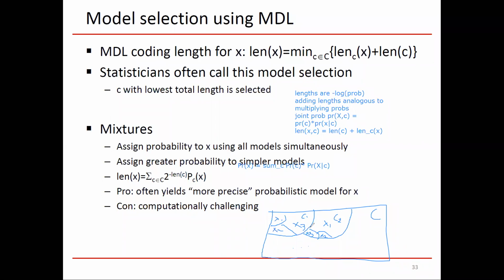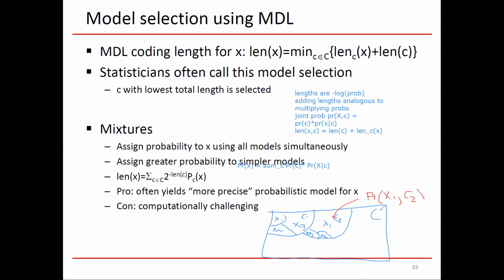And the overall area that X1 takes within C2 is the joint probability. So this area is the probability of X1 appearing jointly with C2.